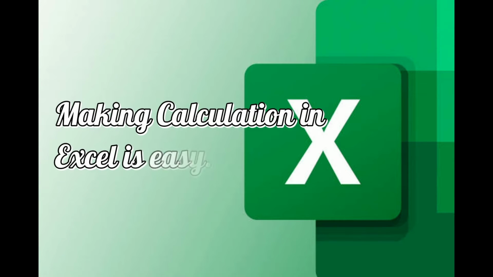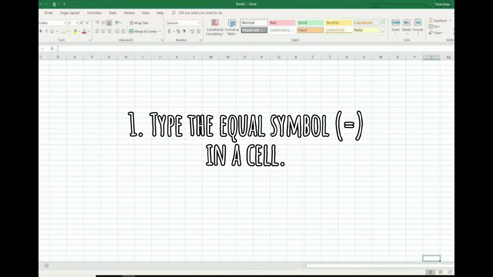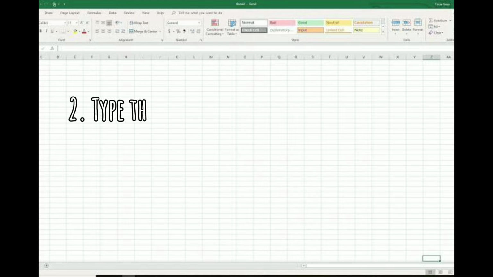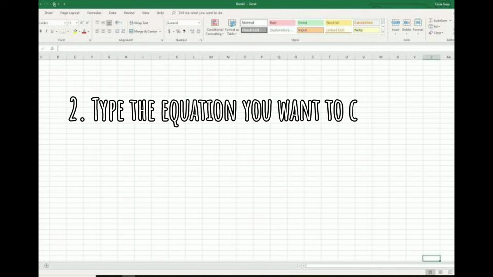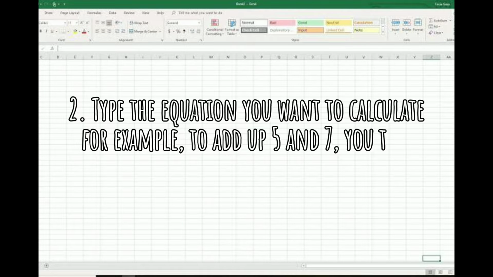Making calculations in Excel is easy. Here's how. Type the equal symbol in a cell. This tells Excel that you are entering a formula, not just a number. Type the equation you want to calculate. For example, to add up 5 and 7, you type equals 5 plus 7.